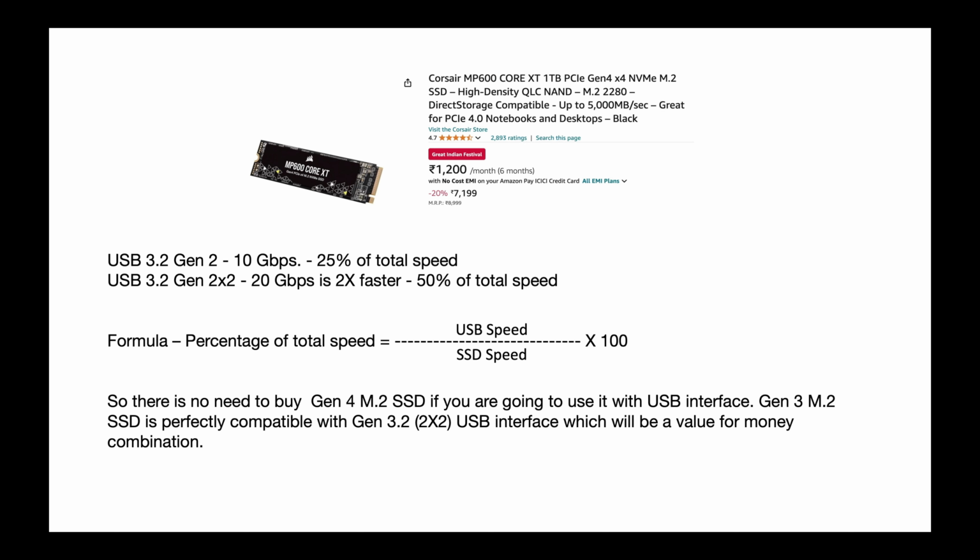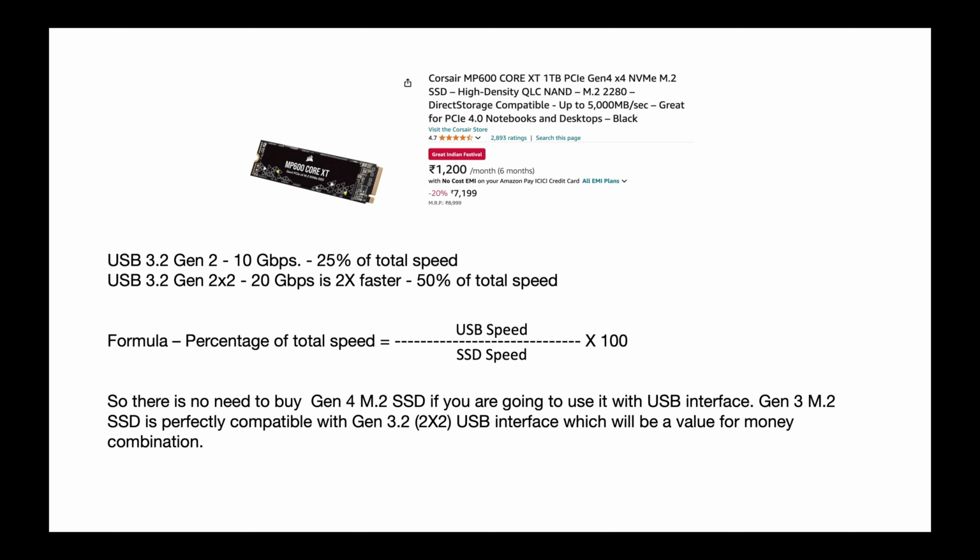That means you will get 1.25 gigabytes per second. And in a similar way, you will get 50% of the company claimed speed if you are using USB 3.2 Gen 2x2. Here you will get 2.5 gigabytes per second. As mentioned, twice that of USB 3.2 Gen 2.